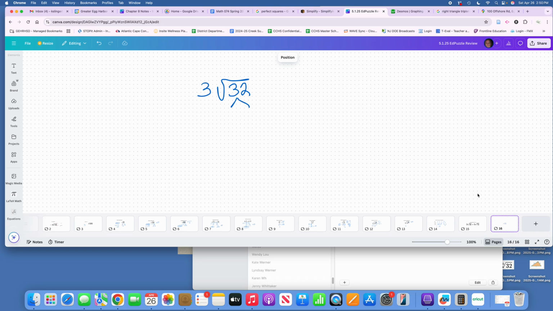I know that I can do 4 and 8, and then this is 2 and 2, and this is 2 and 4, and 2 and 2. Okay, so I really have 3, and then 1, 2, 3, 4, 5 2s.